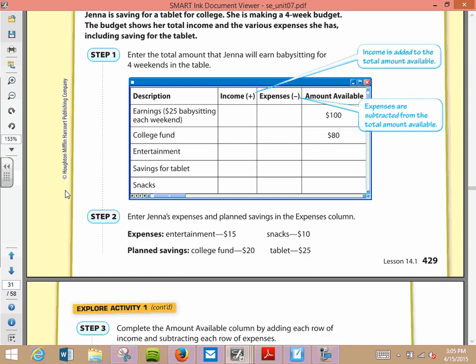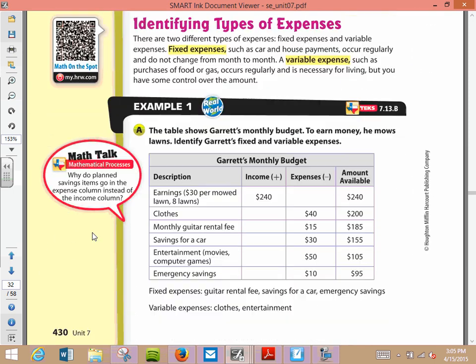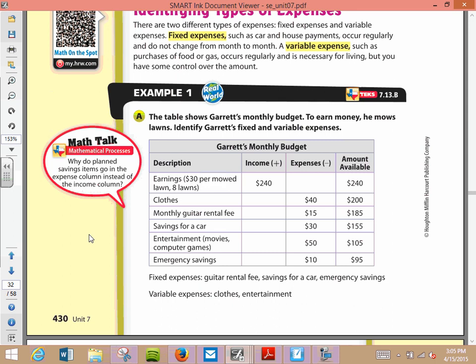All right. So we're going to talk about fixed and variable expenses. The word variable, what does that sound like? Options, right? It varies. Whereas fixed means that it's stable. It's the same thing. It does not change.